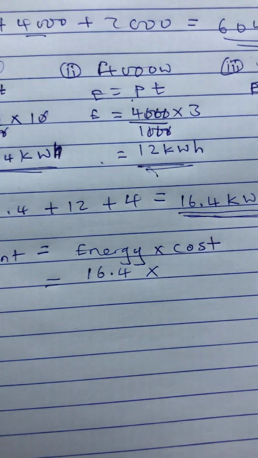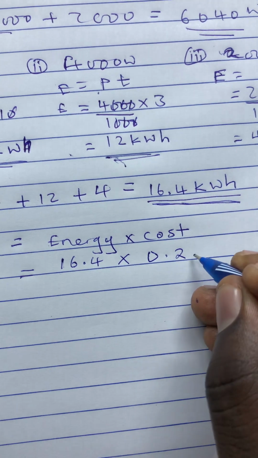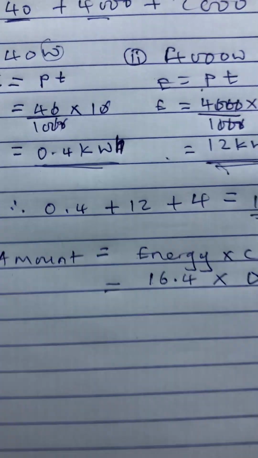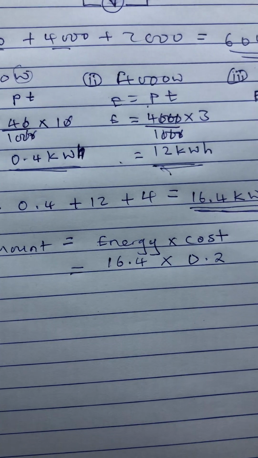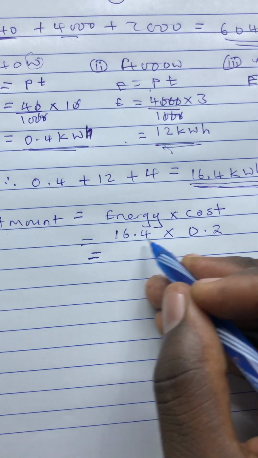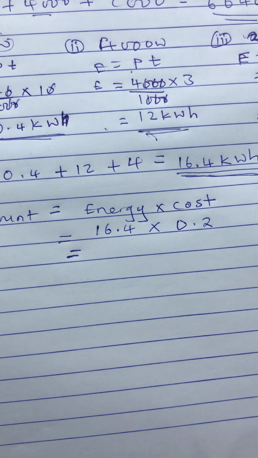So instead of putting 20 ngwe, I'm going to put here 0.2 kwacha. So remember to convert the ngwe into kwacha. After doing that, I'm going to multiply 16.4 by 0.2.